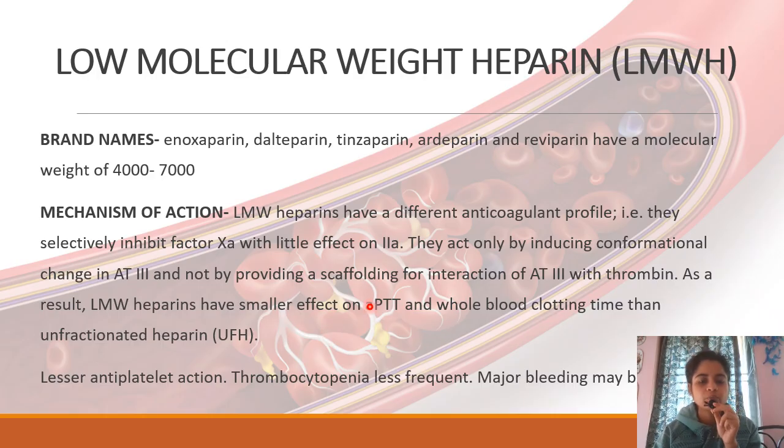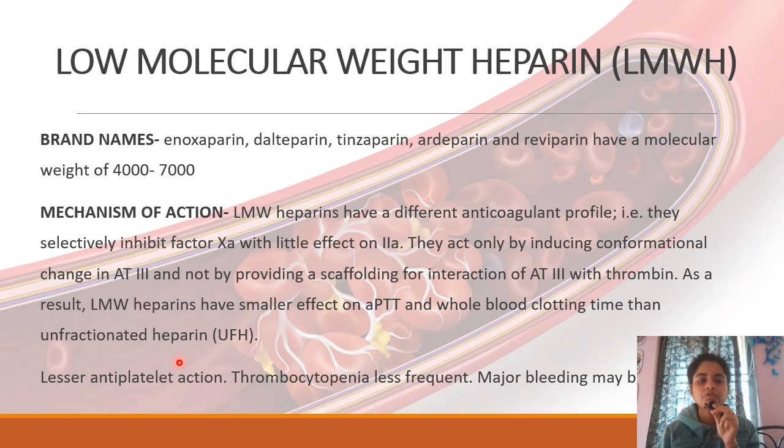As a result, there is no need for checking the APTT values or the whole blood clotting time as compared to that in unfractionated heparin. Unfractionated heparin had a stronger coagulation effect as compared to LMWH. LMWH also has a coagulation effect, but it is for a longer duration. Okay, it is very smooth.